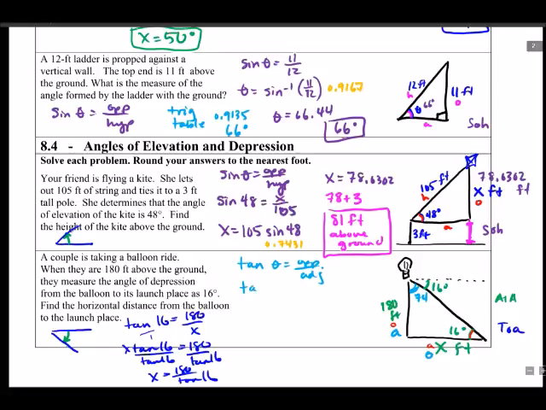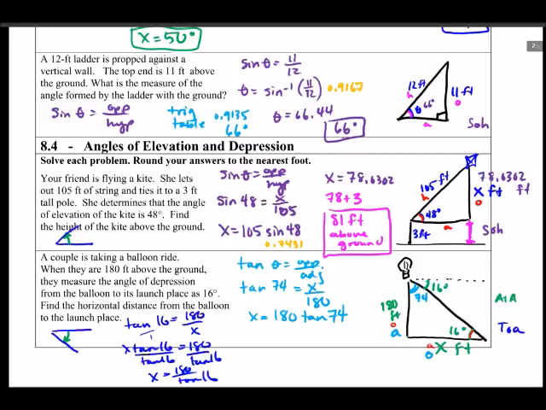And I use tangent of 74 equals x over 180. Isn't that so much nicer to put x on the top? So now x equals 180 tan 74.